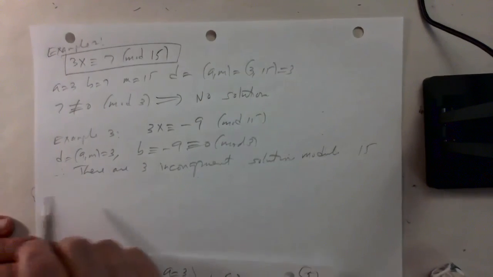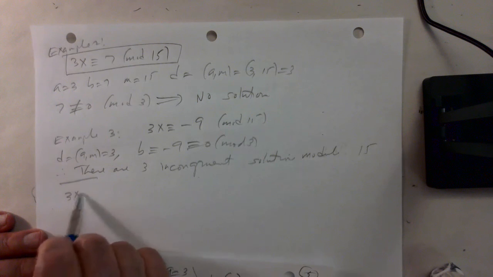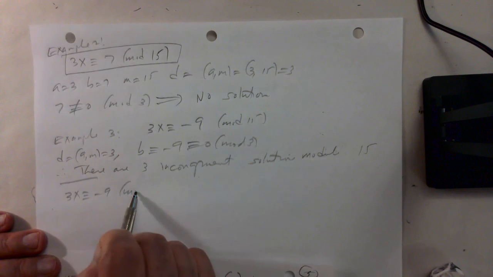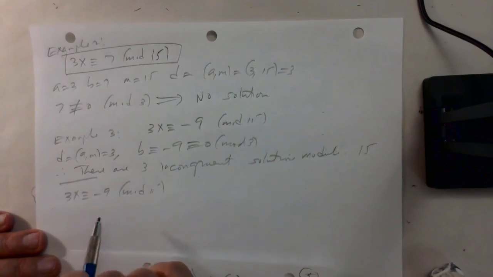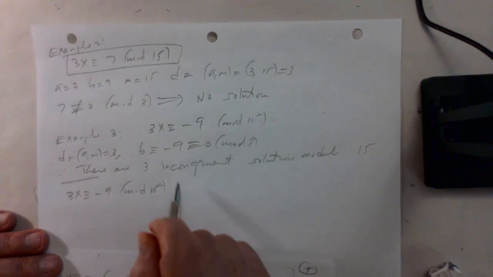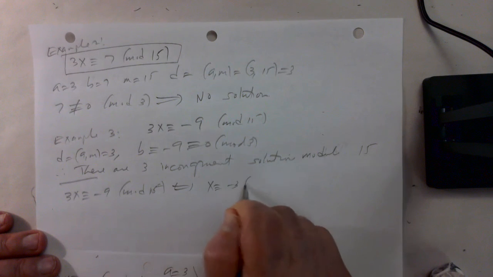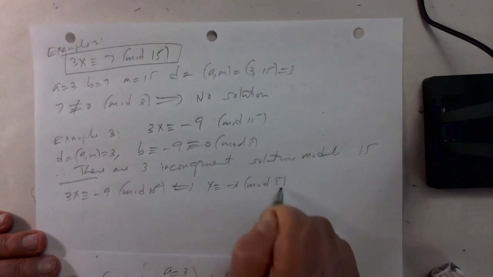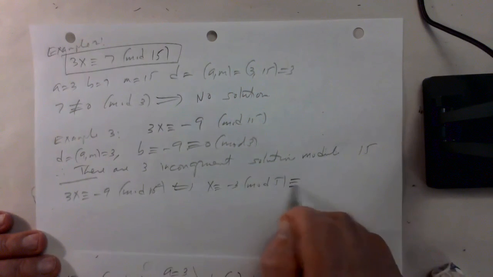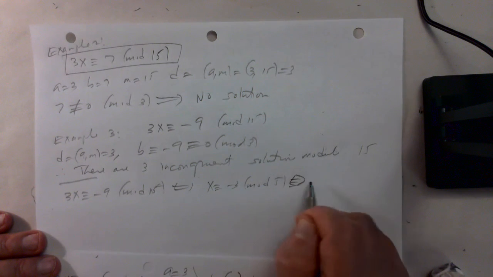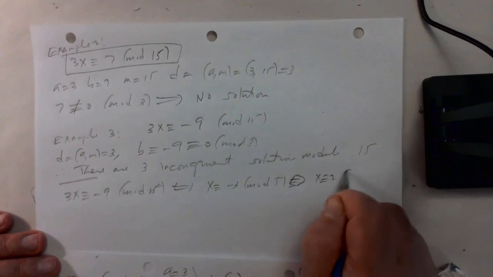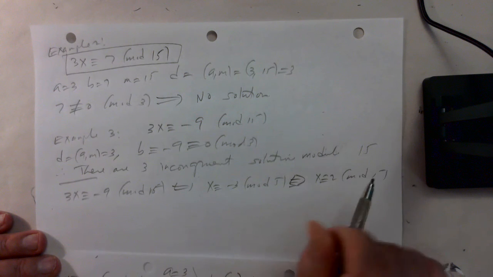So to solve 3x congruent to minus 9 mod 15, if we divide by 3, that's the same as x congruent to minus 3 mod 5, or minus 3 is the same as x congruent to 2 mod 5.